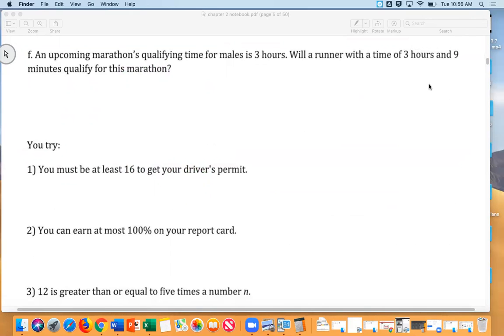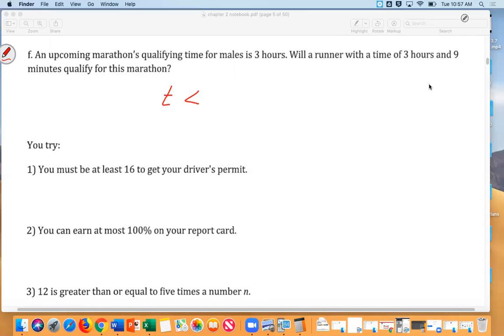So an upcoming marathon's qualifying time for males is 3 hours. Will a runner with a time of 3 hours and 9 minutes qualify for the marathon? These are actually legit questions, like for the Boston Marathon. It's pretty simple and straightforward. Your time to qualify for the marathon needs to be less than, for males, 3 hours.